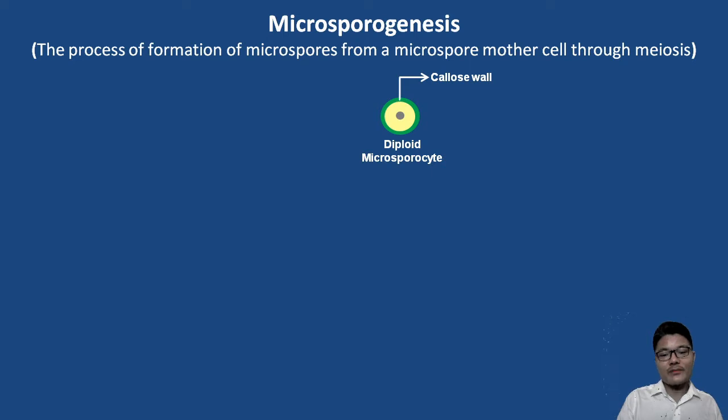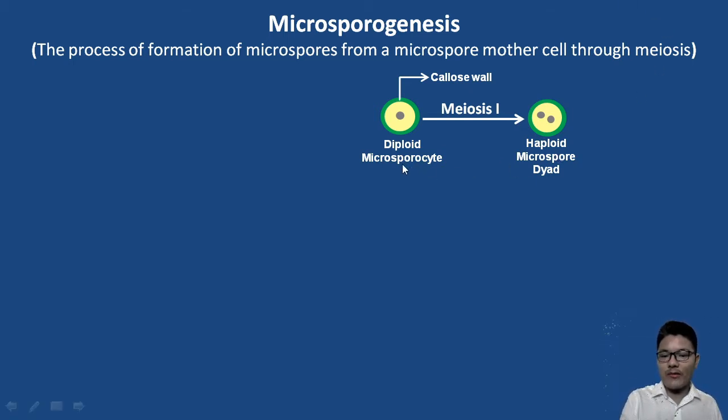Once the diploid microsporocyte undergoes meiosis, there is formation of microspore cells. After undergoing meiosis 1, there is formation of two haploid cells, right? So a haploid microspore dyad is formed from the microsporocyte after undergoing meiosis 1.